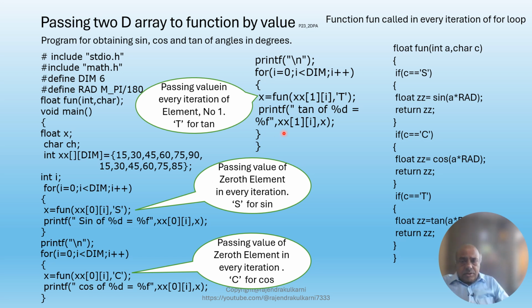So in total 18 times this function will be called, and accordingly the function will be returning the desired values, which will be available by using the sine, cosine and tan built-in functions declared in the file math.h. So in this way we are passing 2D array values to the function, and this mechanism of passing the values is called pass by value.